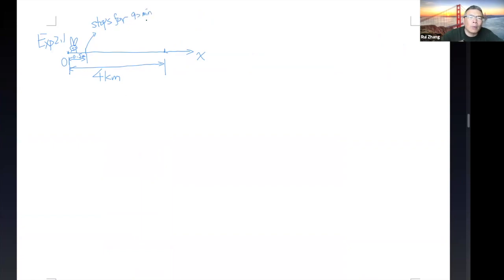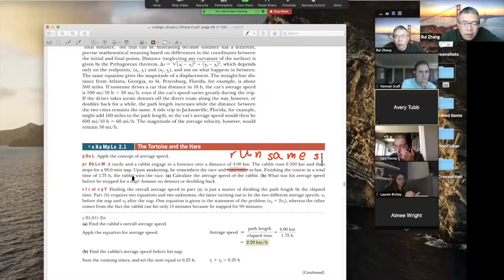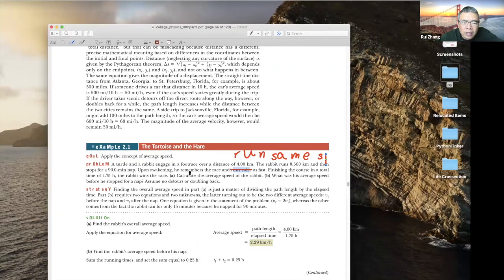What else do we know? It says he runs at the same speed in both parts, and he stops in the middle for 90 minutes.